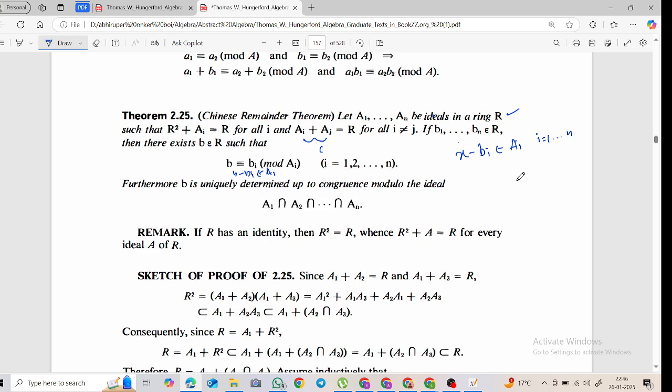So according to them, there exists a solution x.